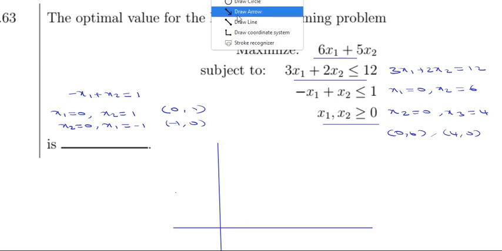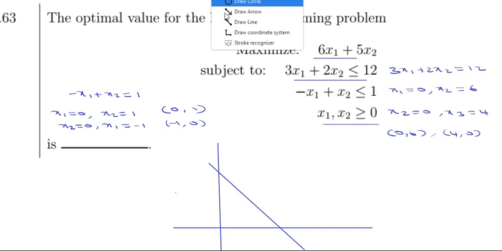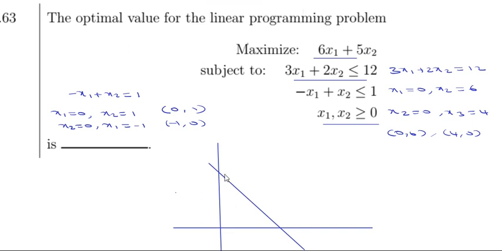We will draw the lines. This line represents 3x1 plus 2x2 less than or equal to 12. This is our x1 axis and this is our x2 axis.